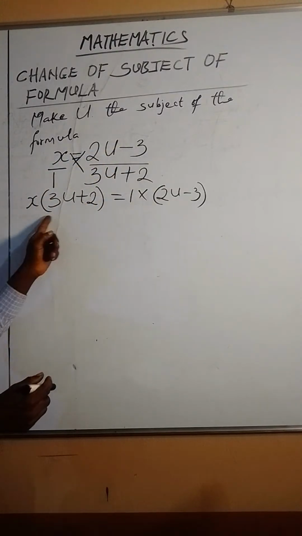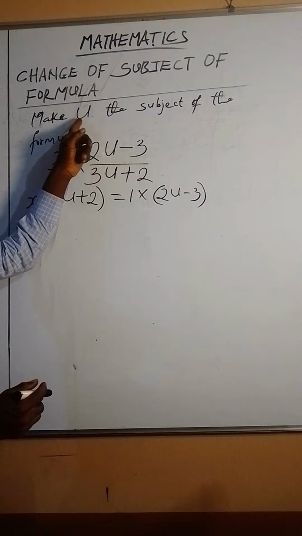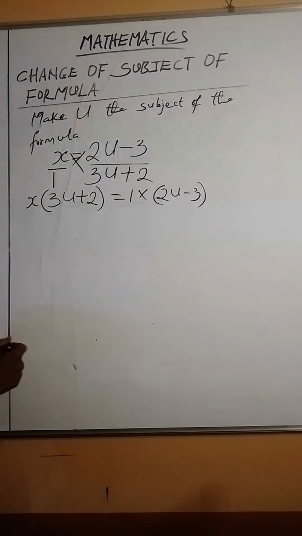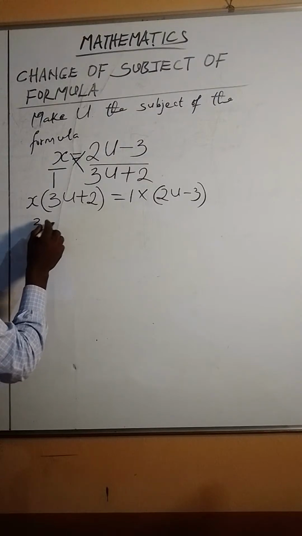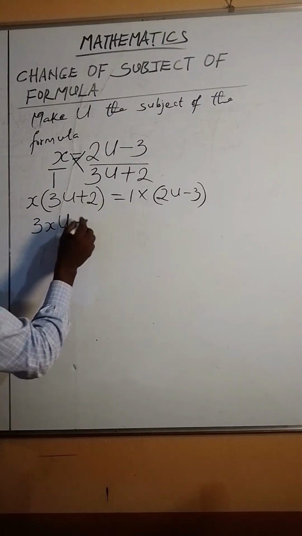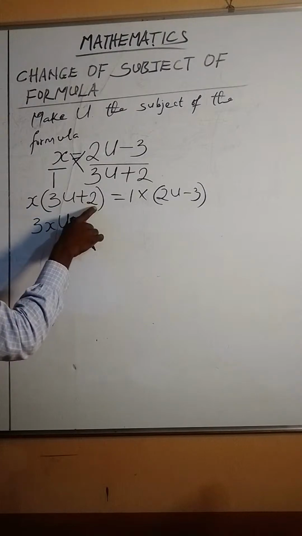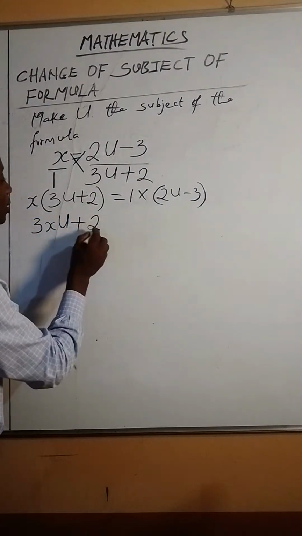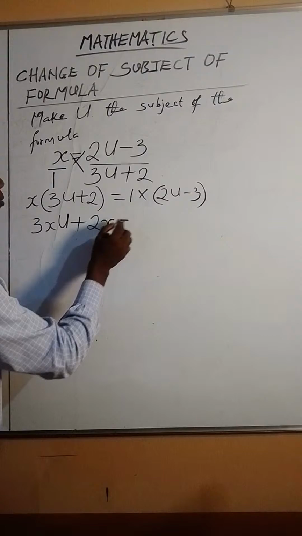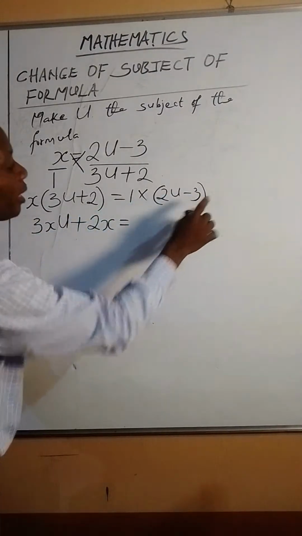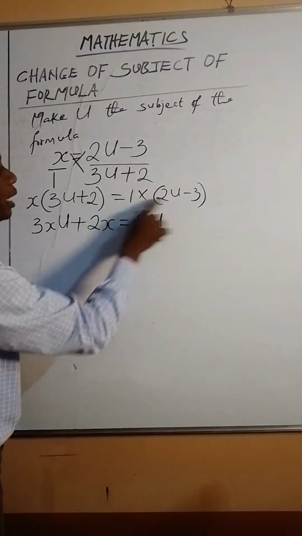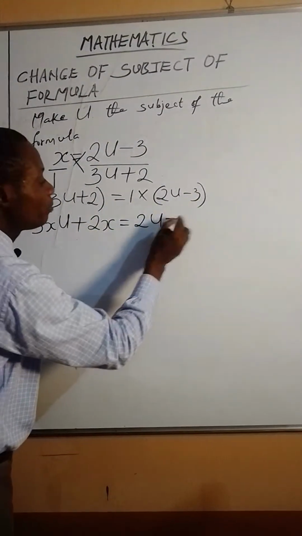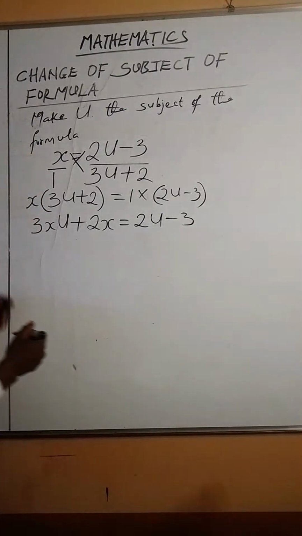Then we can clear our brackets, noting that we are to make u the subject of the formula. So this will be 3xu, then plus x times 2 is 2x, equals 1 times 2u is 2u, then 1 times minus 3 remains minus 3.